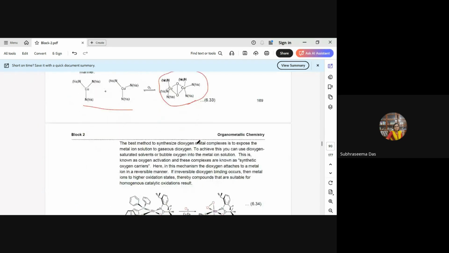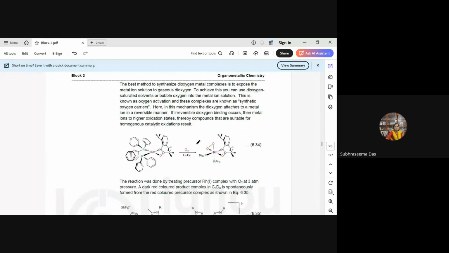The best method to synthesize dioxygen metal complexes is to expose the metal ion solution to gaseous oxygen O2. For this, we can directly bubble oxygen gas into the metal solution. This is known as oxygen activation, and that is why we call them synthetic oxygen carriers.